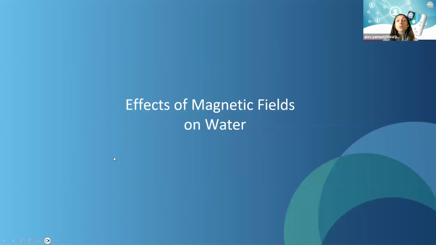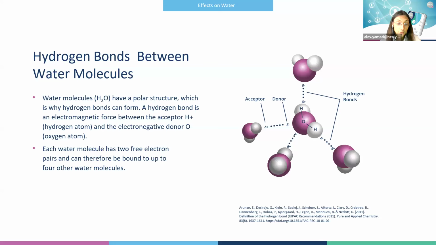Now we go to the effects of magnetic fields on water. This is also very interesting because, as you know, water molecules are H2O, so two hydrogen atoms and one oxygen atom. Since they are a little polar, you always have an acceptor and a donor.